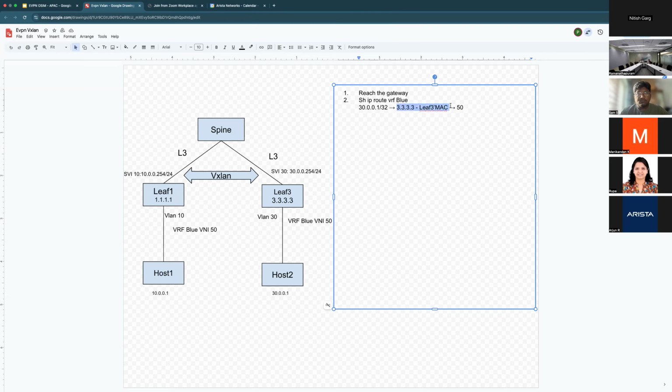We are not using the VNI of SVI 30 or VLAN 10 here. We are just using the VNI of the VRF that is common across both the leaves, right? So it would encapsulate the packet and the packet would be received at leaf 3.